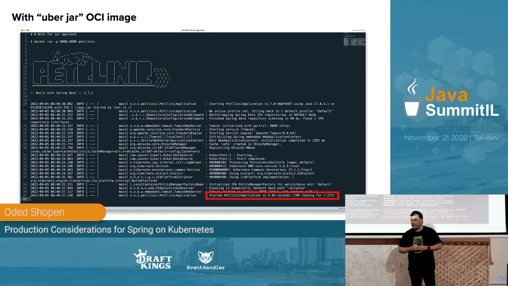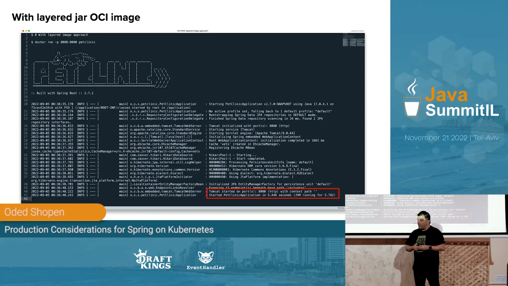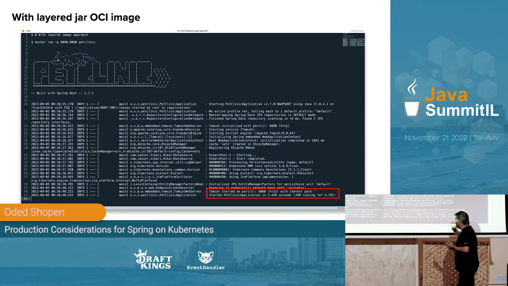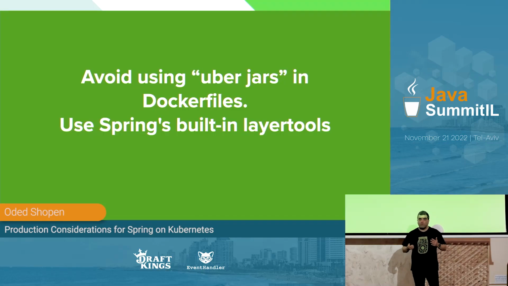The same application with the Uber jar, or the fat jar as we call it, takes around 7.2 seconds to boot, while the exploded jar only takes about 5.7. So we improve the boot time even more. And every time you make these optimizations, it has huge benefits when you're working at scale. So avoid using the Uber jars and use the built-in layer tools when you can.